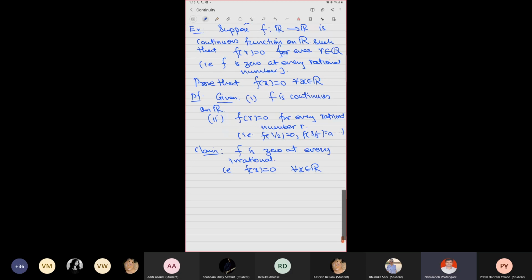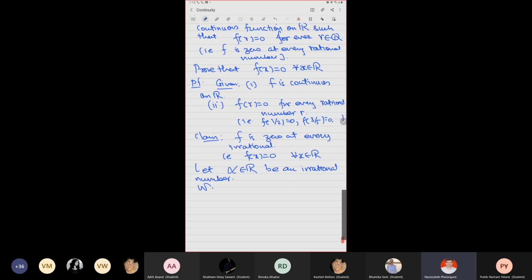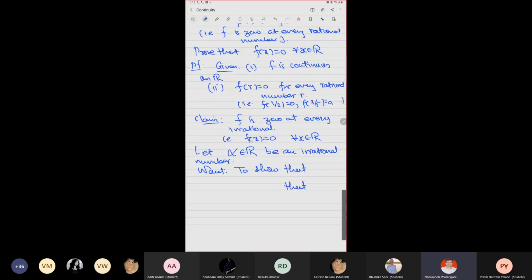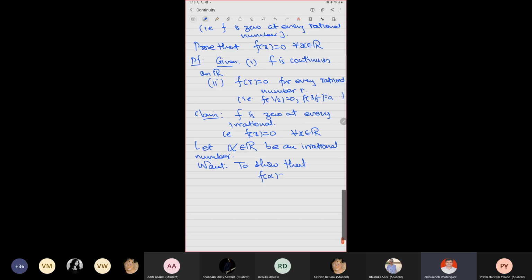So how will you prove that it is 0 at every irrational? How will I start my process? Let alpha be an irrational number. What we want to show is that f of alpha is 0.